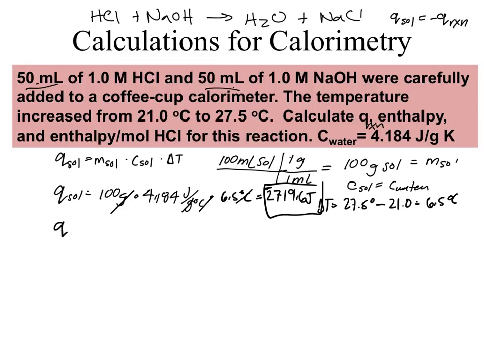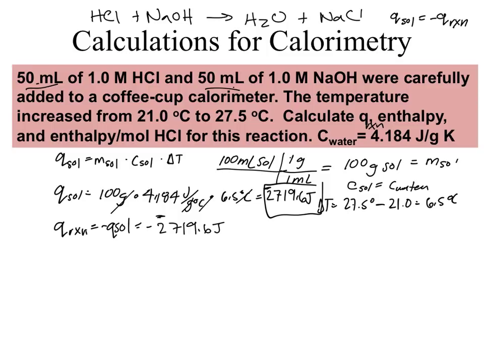Okay, so now if we want to find our Q of reaction, we're going to go ahead and change the sign of our Q of solution, which is subsequently going to give us the following value. Now, this is our Q of our reaction, so the heat associated with the process of HCl and NaOH interacting with one another.